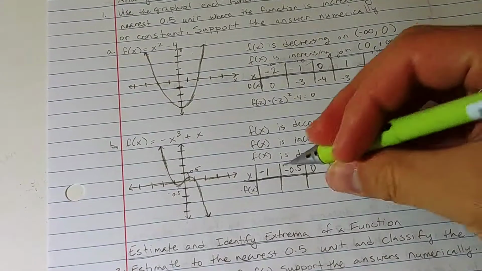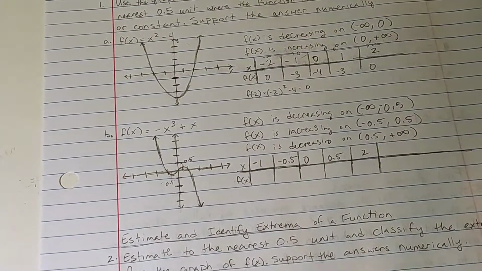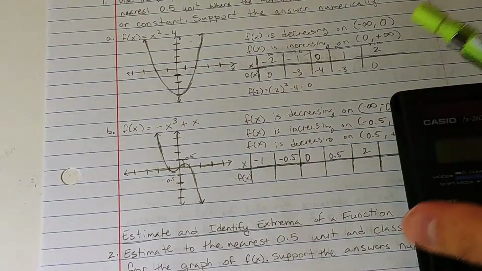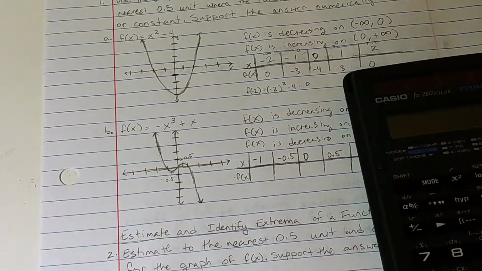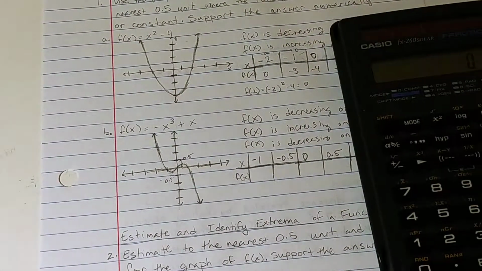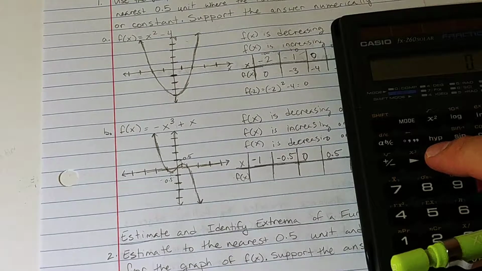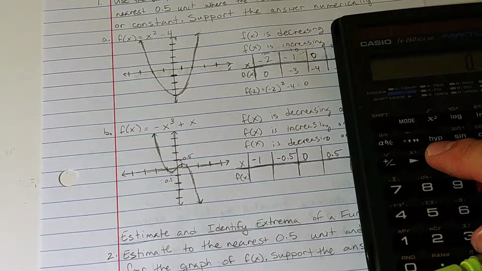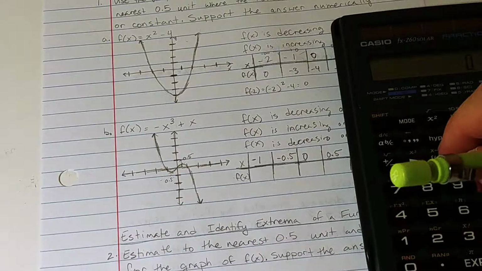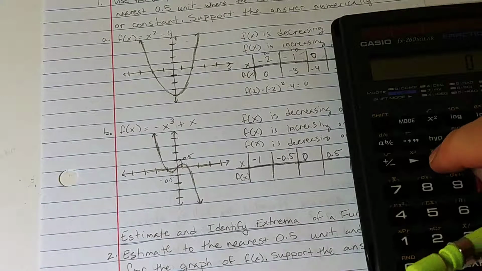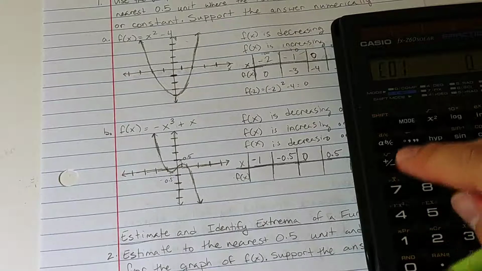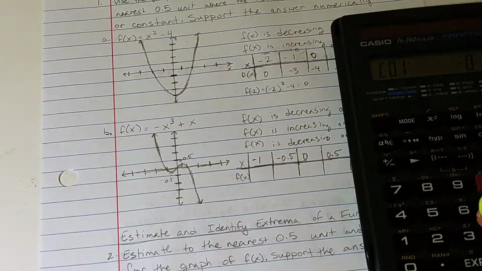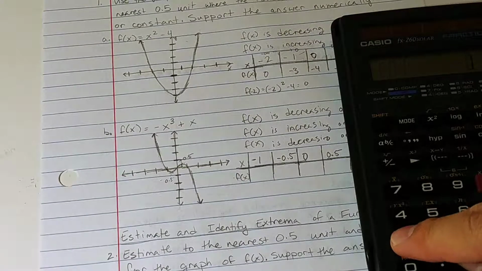Let's use 2 since we used 1 before. Okay, so now we plug it in. Same thing as before. So parentheses, negative 1.